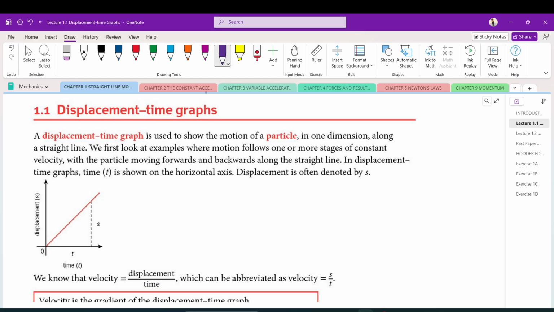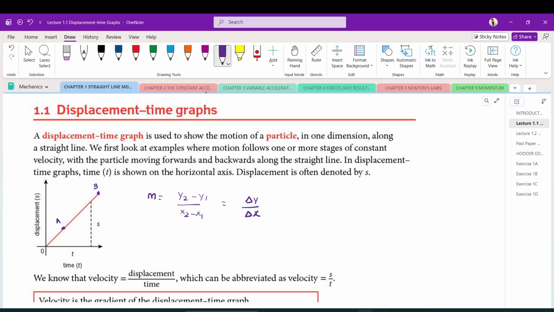Let's say I take two coordinates on this straight line. This is point A and this is point B. So the gradient will be y2 minus y1 over x2 minus x1. In short, this is change in y over change in x.